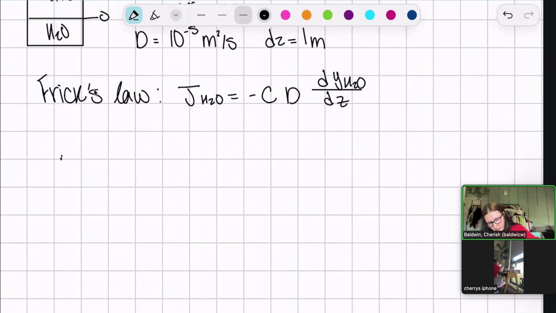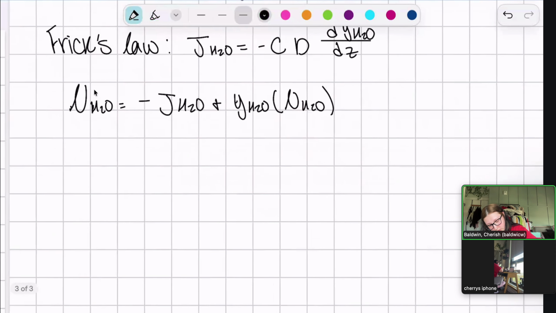Now, the molar flux of H2O is equal to negative P over RT, which is equal to the negative J H2O plus Y H2O times N H2O. Let's join these equations.